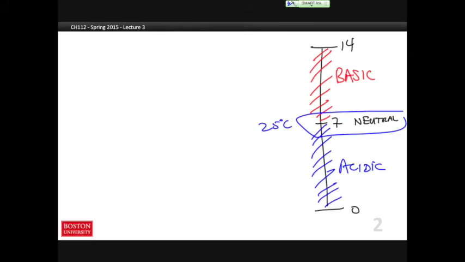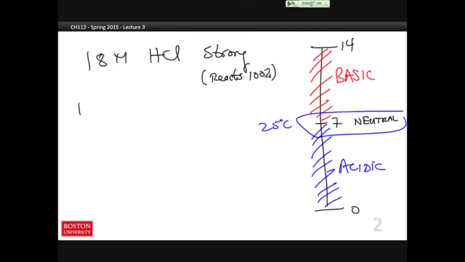What else was a lie? Well, if we were in the lecture hall and we had a stockroom right down the hall, I would invite you to follow me down to the stockroom where we have 18 molar hydrochloric acid. Hydrochloric acid is a strong acid. And strong acid means reacts 100%. 100% with what? With water. So HCl reacts with water to make hydronium and chloride ion. Now, you might stop me and say, hey, nothing reacts 100%.